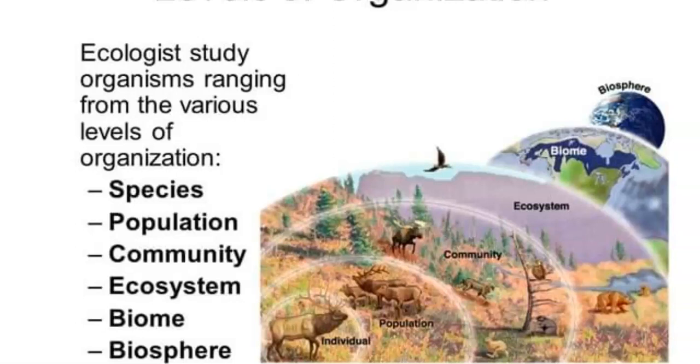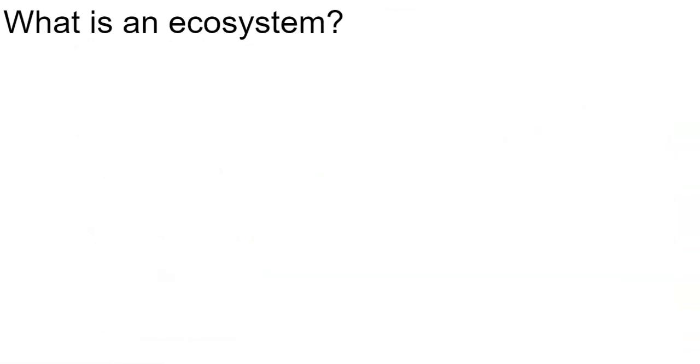And the biome would be a collection of somewhat similar ecosystems, I guess. I don't actually have a formal definition for biome. Please get one yourself. Okay, and the biosphere, which we already mentioned, is that part of the earth in which life exists.